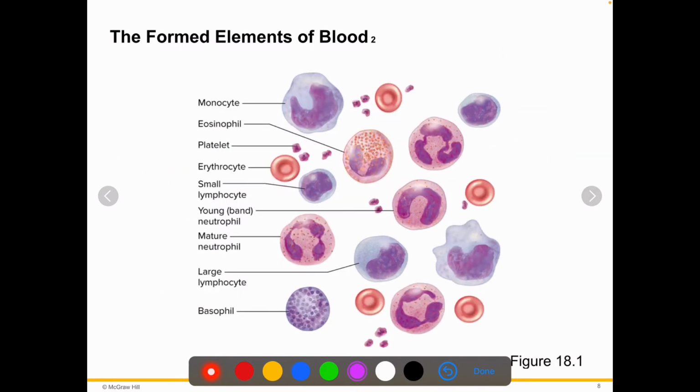Okay. So here's what they look like. These are the formed elements of blood. Right here is the good old red blood cell. Most of your blood's formed elements are going to be red blood cells, around 55%, as you'll see later. It's important to note that they have a nucleus that's not actually there, and that's why they're flat.